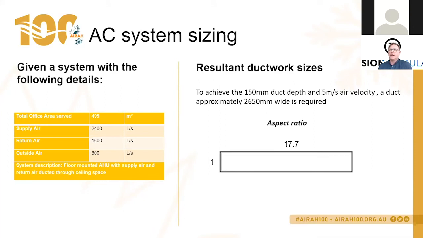And also the aspect ratio of 17.7 to 1 will result in all your bends and fittings in that location or near that area having very high pressure drops. So potentially a solution might be to only locally shrink the duct or to use multiple supply air ducts.